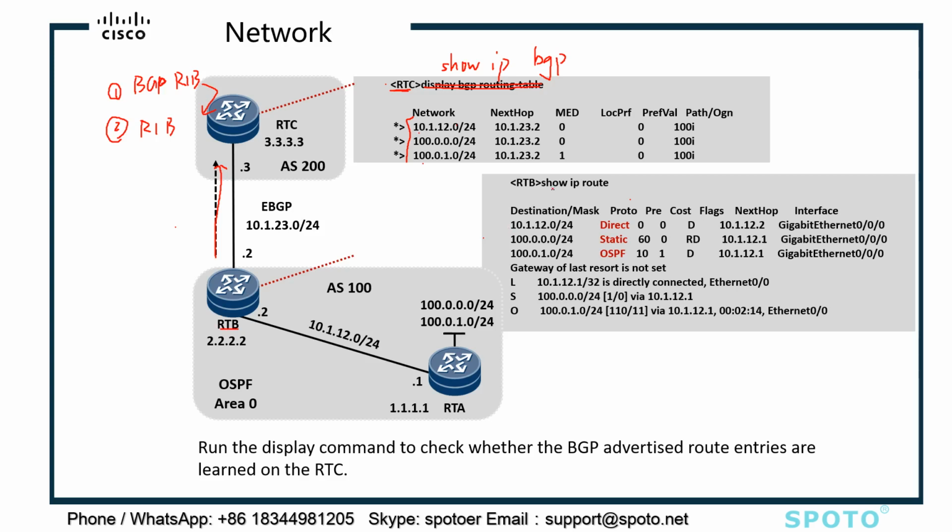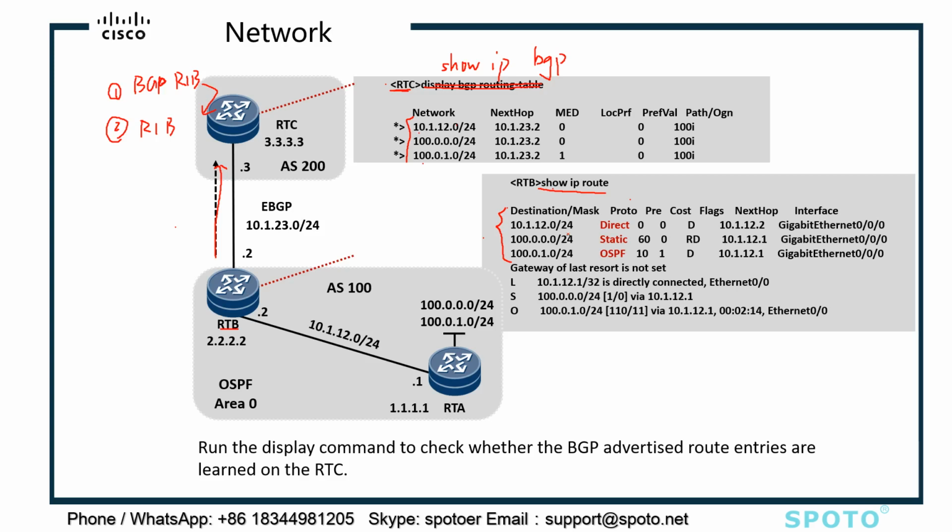We use the command show IP route to check RTB's routing table, and we already have these 3 routes in RTB's routing table. So we can advertise this route from RTB to RTC.